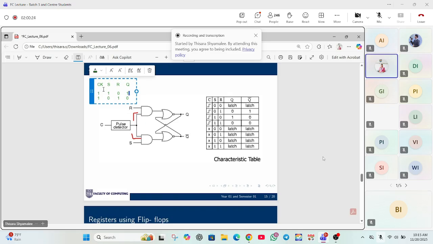If the clock signal is 1, S is 1 and R is 0, then Q is 1.